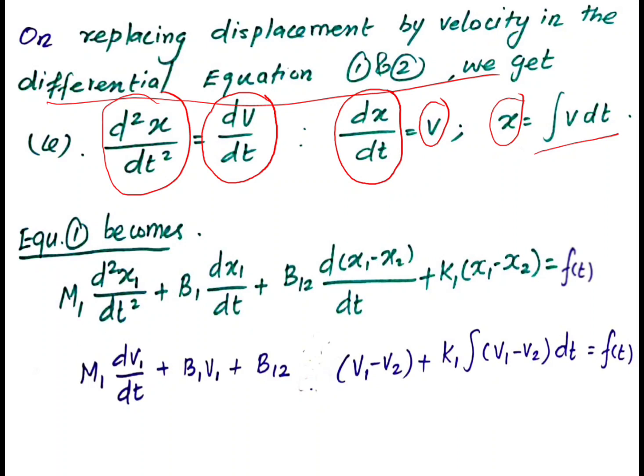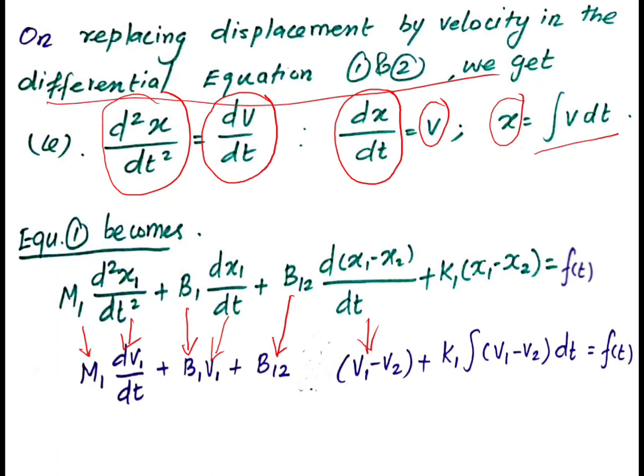So here this is equation 1, m1 d square x1 by dt square. We are going to change displacement with velocity. So d square x1 by dt square is replaced by dv1 by dt, and b1 dx1 by dt is replaced by b1 v1. For b12, dx1 minus x2 by dt is equal to v1 minus v2.